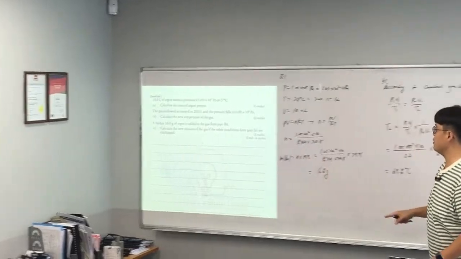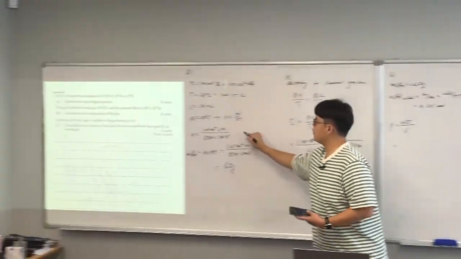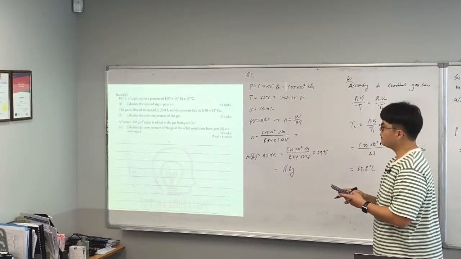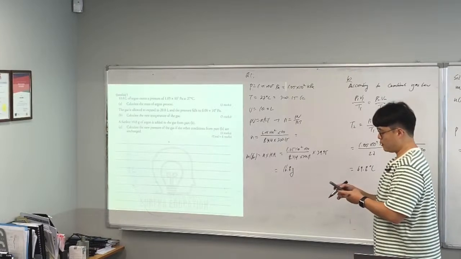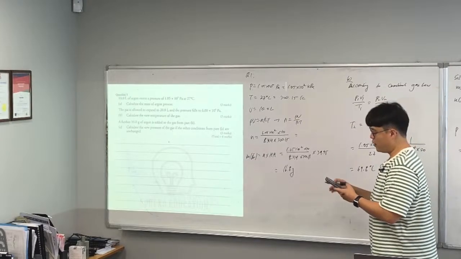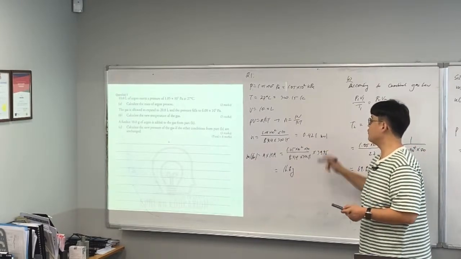Okay, we have to recalculate the n by adding up these values. So we need to calculate 1.05 times 10 to the power of 3 divided by 8.314 times 300.15, approximately giving you 0.421 mole from the previous answer.